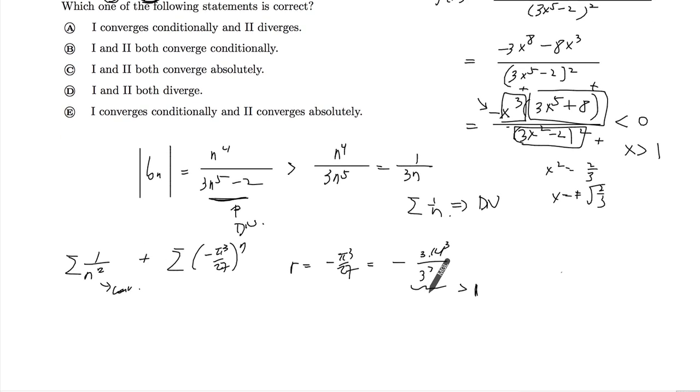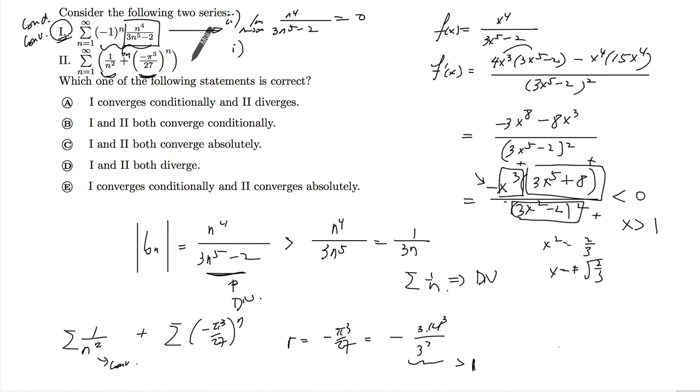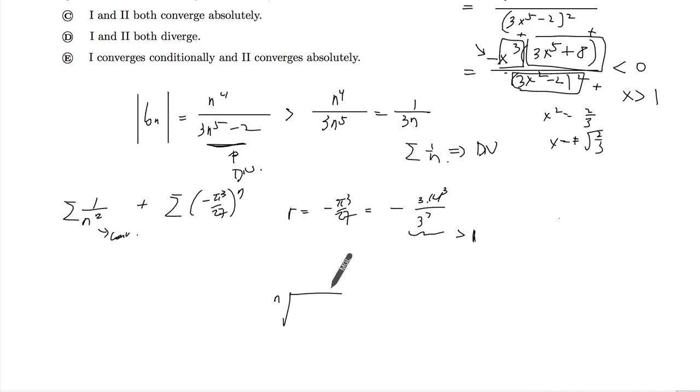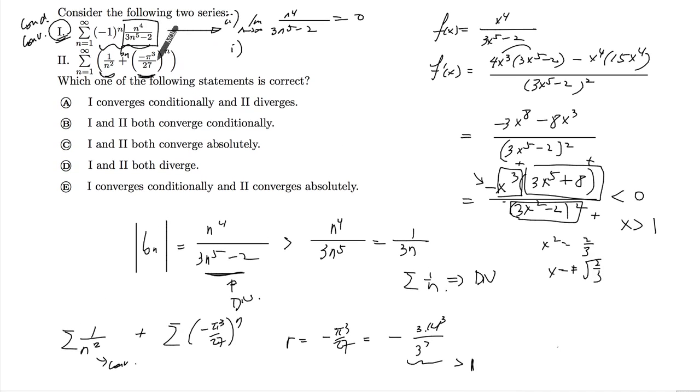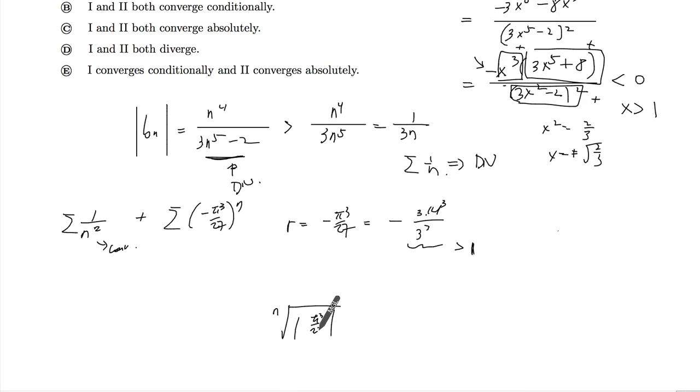So let's actually use the root test, because it's got a power of n up here. So it's going to be minus pi. So the absolute value of the general term is pi cubed over 27, all to the power of n.